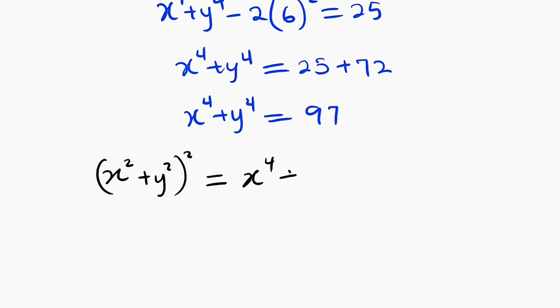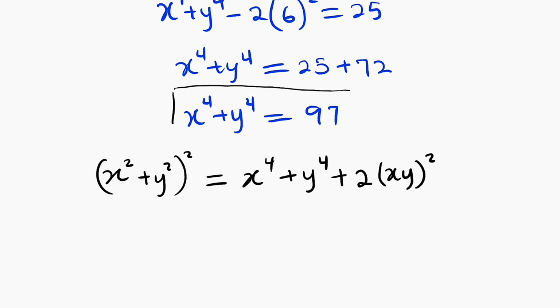Second term squared, we have positive y to the power of 4. Then plus 2 multiplied by x squared times y squared, which is the same thing as xy all squared multiplied by 2. In the previous equation, x to the power of 4 plus y to the power of 4 is equal to 97. We can bring it back here, right?